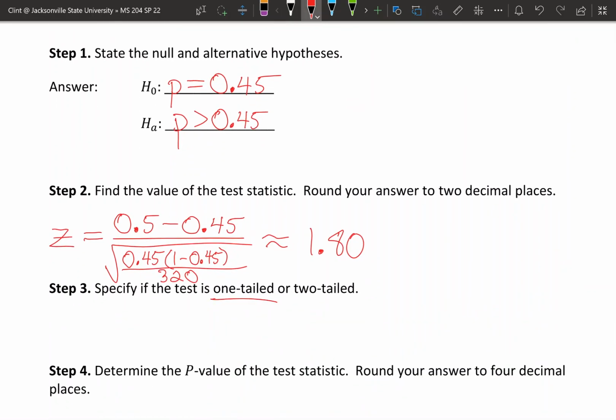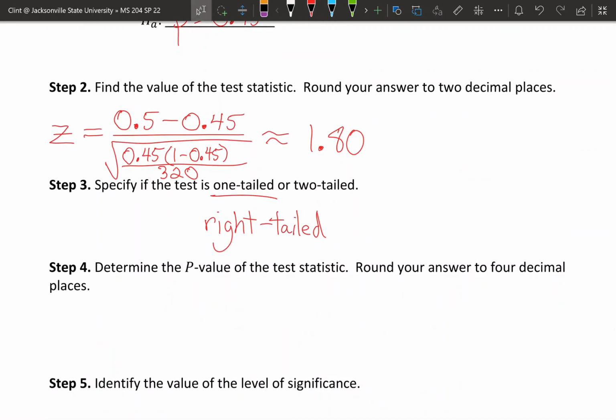This one is one-tailed, and better than that, it's right-tailed. So to get our p-value, we'll look up the opposite of our test statistic. So we'll look at negative 1.80. For that, I'm getting 0.0359.